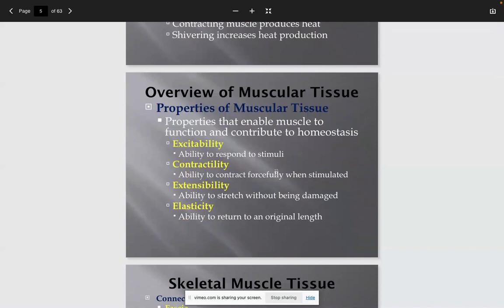And then it has elasticity, the ability to return to an original length. So, knowing these four different functions, just knowing the definitions of them: excitability, it responds to a stimulus. Contractility, it can contract. Extensibility, it can stretch to a point where it's not damaged. And elasticity, it's able to return to its original length.